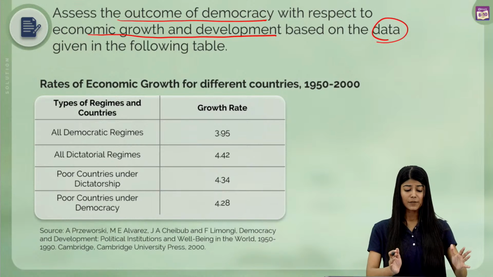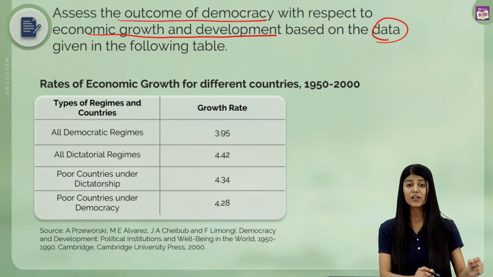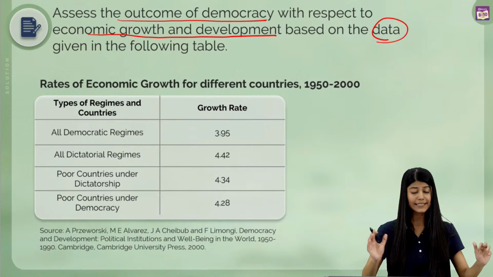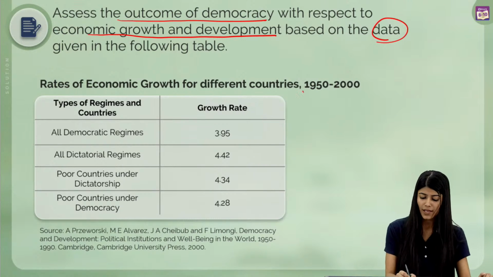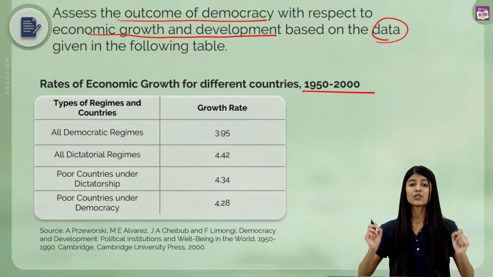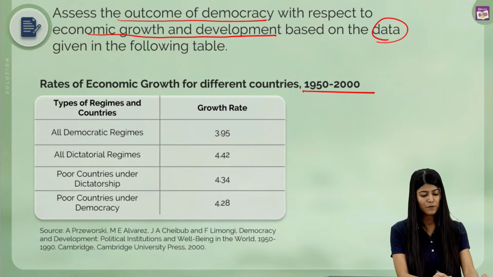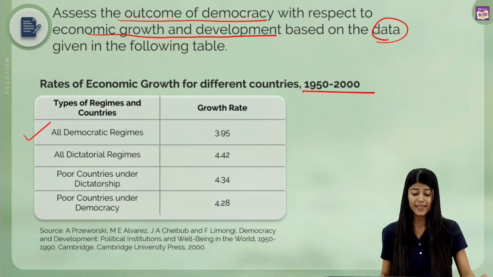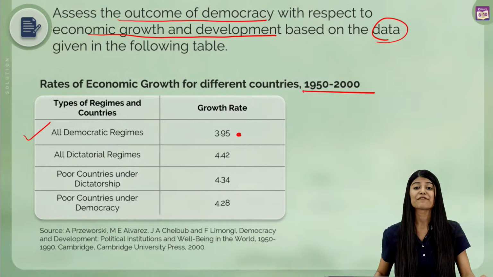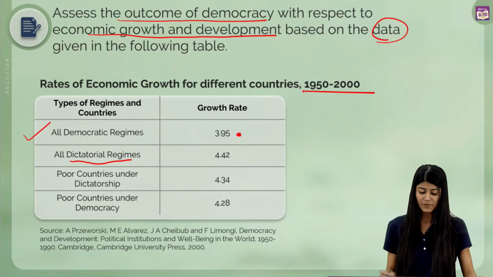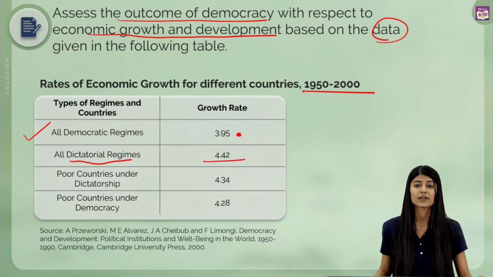This table gives us the data of the economic growth for the democratic regimes and the dictatorial regimes for the period from 1950 to 2000. Here the growth rate of all the democratic regimes is 3.95%, and of dictatorial regimes we have 4.42%.